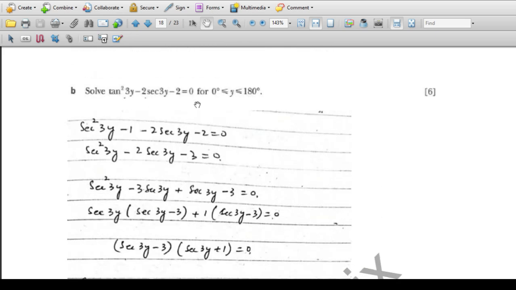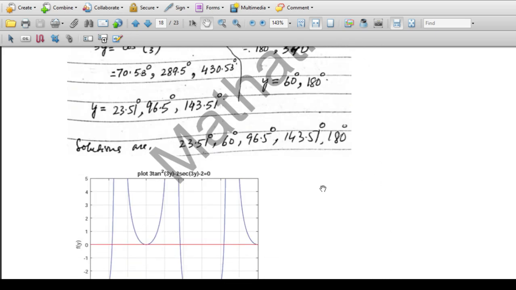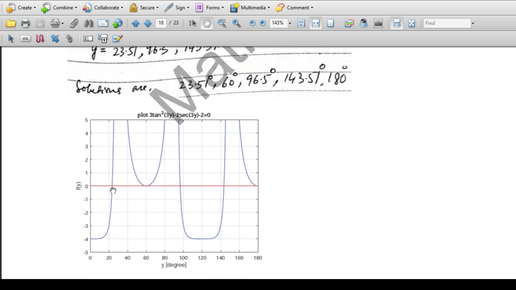We are just plotting tan²(3y) − 2 sec(3y) − 2. We have plotted it, and this is 0, and we see that it is intersecting at this value, 23.151 here.